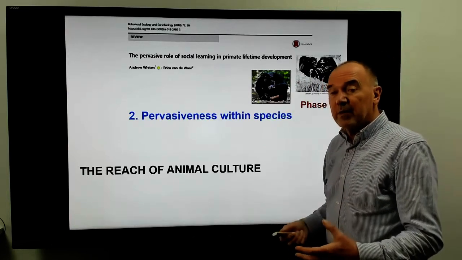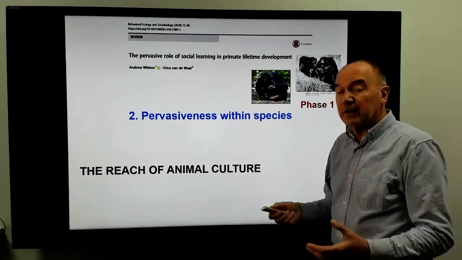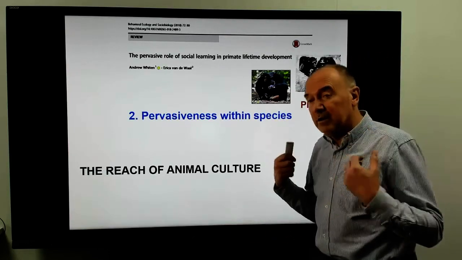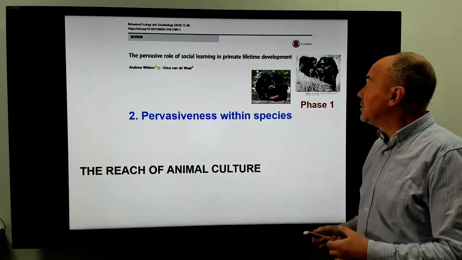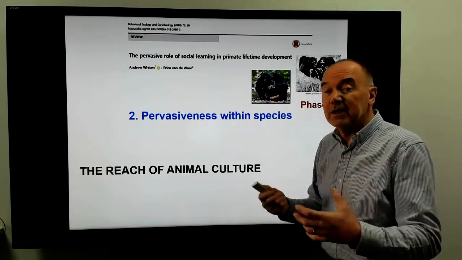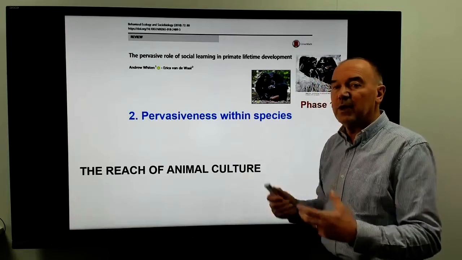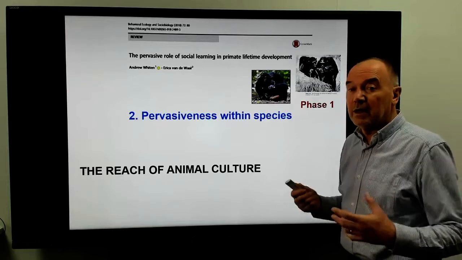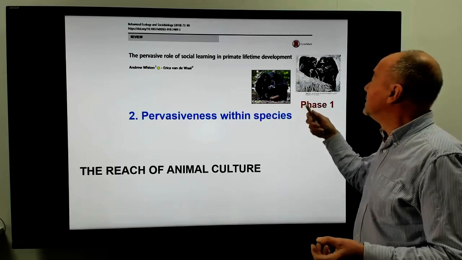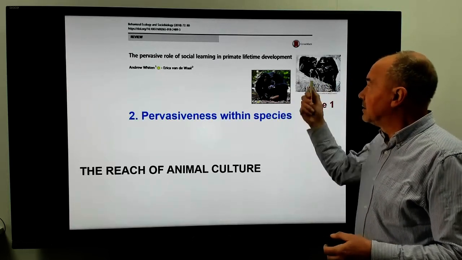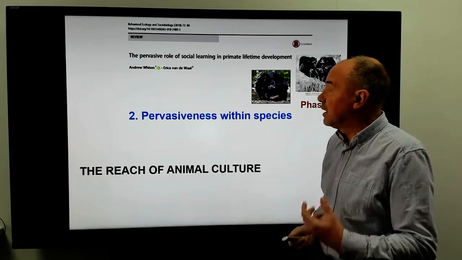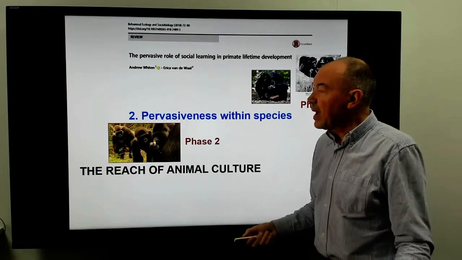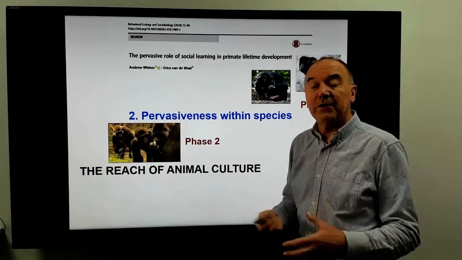And of course, young primates have a long period of lactation in which they're with the mother, who carries them around on her front, then on her back often, and so in the case of great apes, they may spend years intimately linked with their mother, and so she's the main model from which they learn all in their early life, such as what to eat, in the case of chimpanzees, how to use tools, and so on.